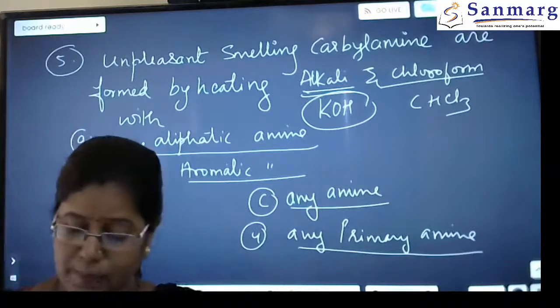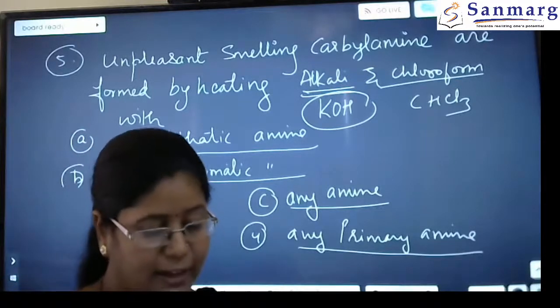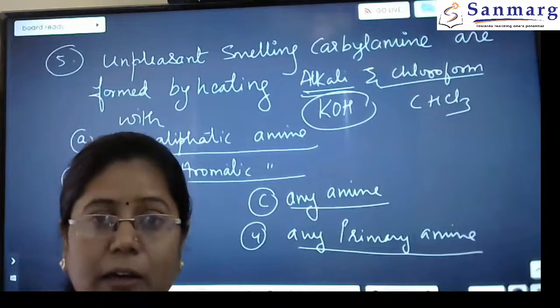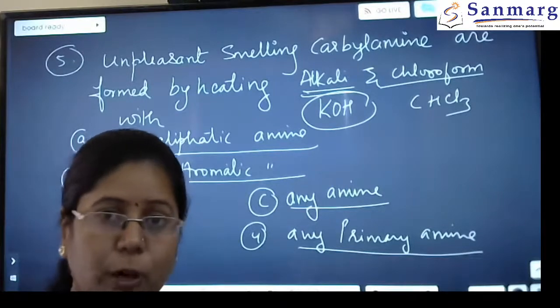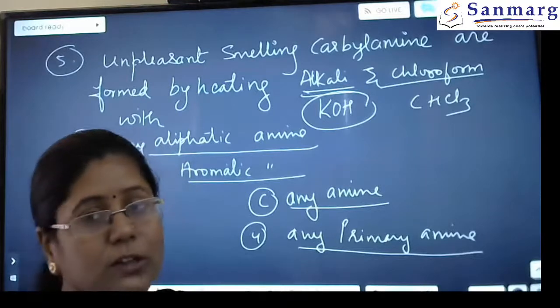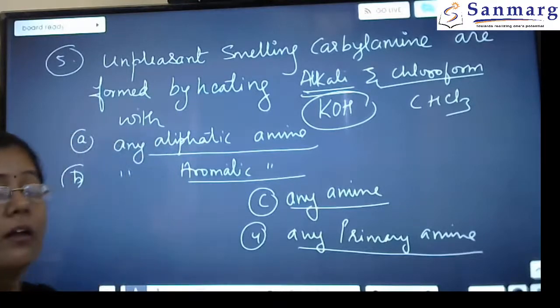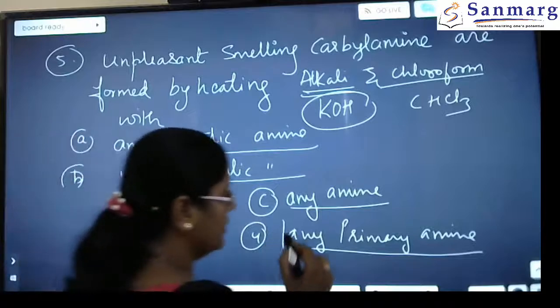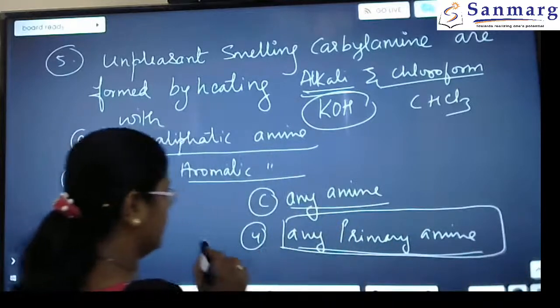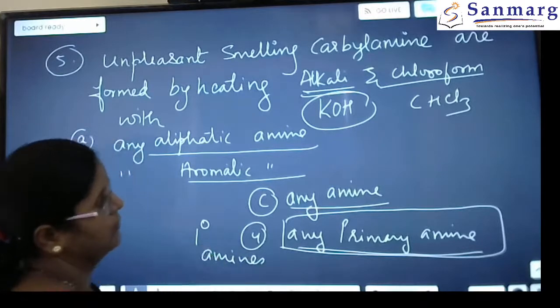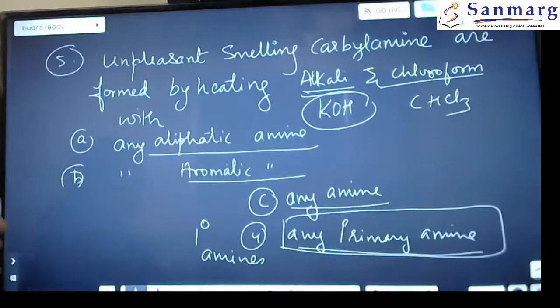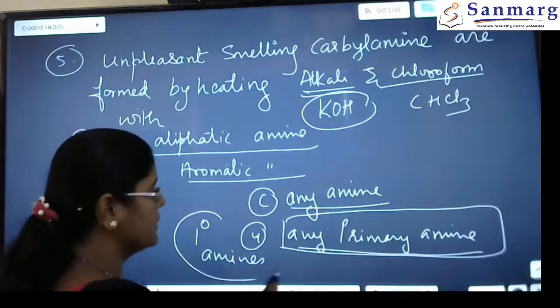Because just now I said, this carbylamine reaction is used to distinguish primary amines from secondary and tertiary amines. So this reaction is particular for primary amines, a unique reaction for primary amines.